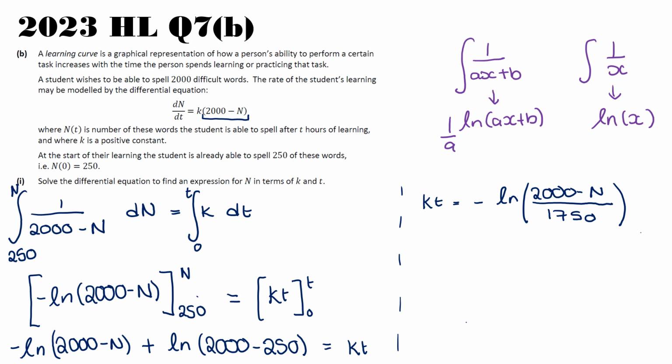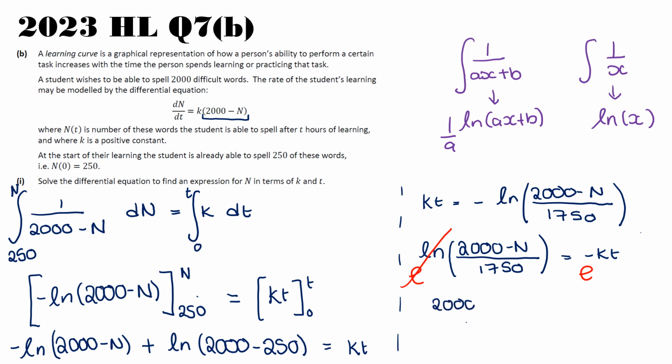We're trying to find n, so I'm going to flip this. So the ln 2,000 minus n all over 1750 is equal to minus kt. We're going to take e to a power on both sides, which is going to leave us 2,000 minus n over 1750 is equal to e to the minus kt.